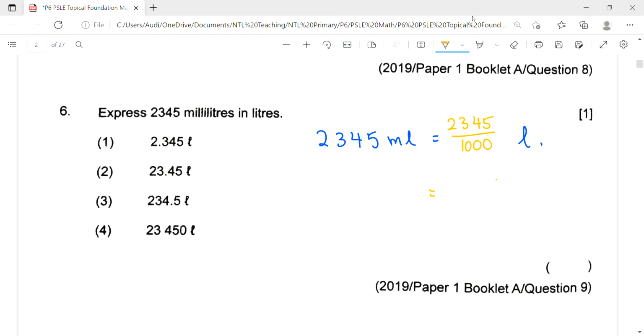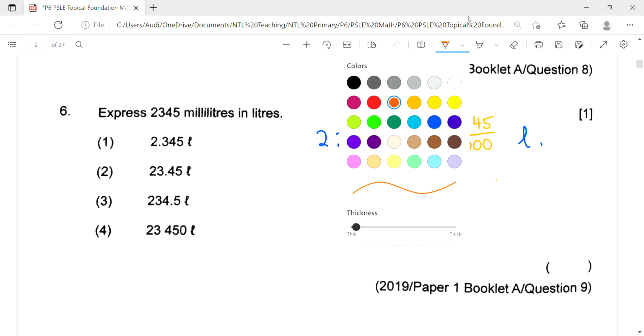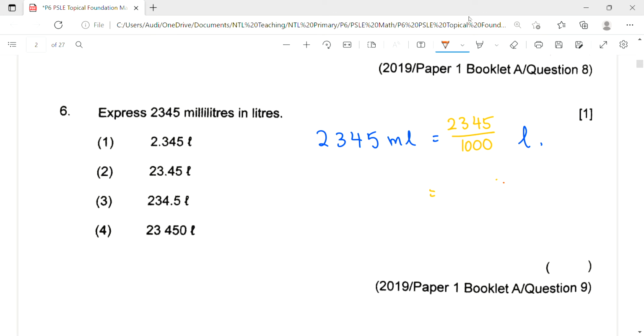Now how do we do this? Very easy. Whenever we divide by 10 or 100 or 1000 or 10,000, first you identify where the decimal point is. In 2345, the decimal point is here. Divide by 1000 means you see 3 zeros, so you're going to move the decimal point to the left by 3. So now our answer is 2.345 liters.